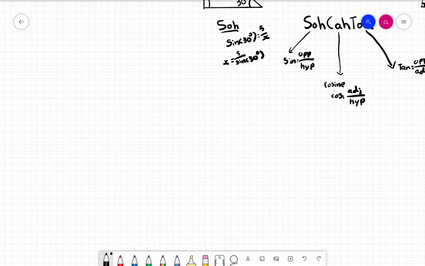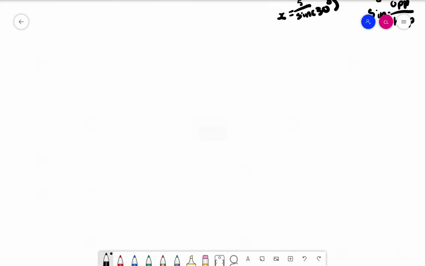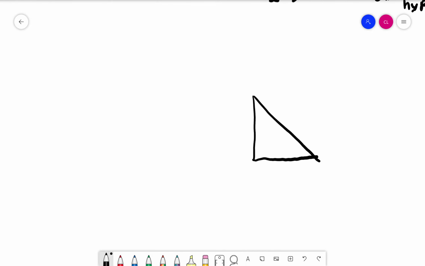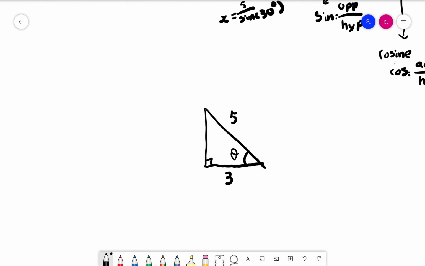Now, things get a bit tricky when you're finding the angle and are given the sides. Let's say you're supposed to find theta, and you're given 5 here and 3 here. How are you going to find that? Well, remember, that's the hypotenuse and that's the adjacent.